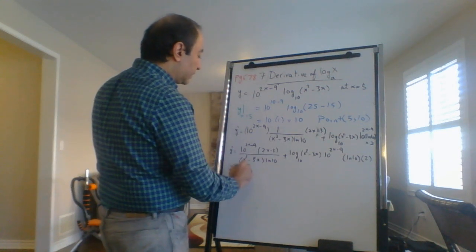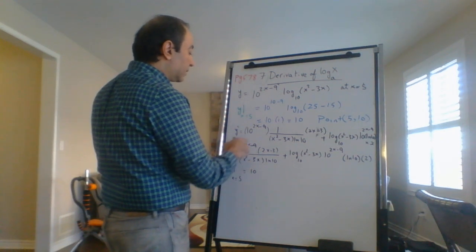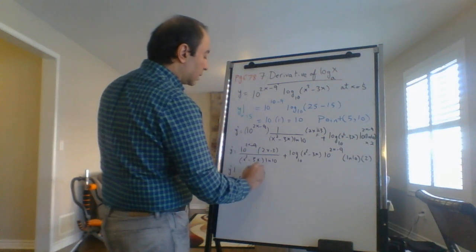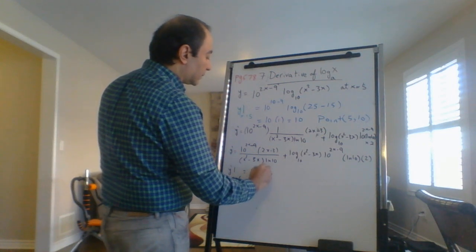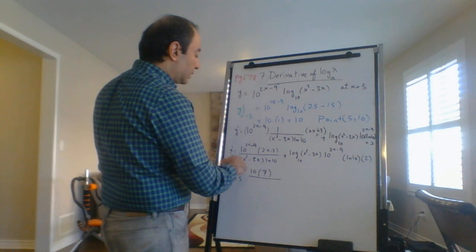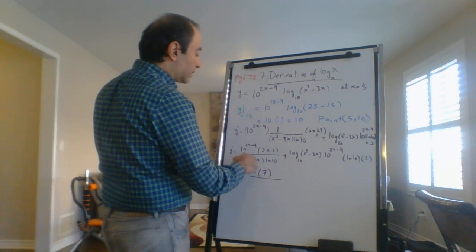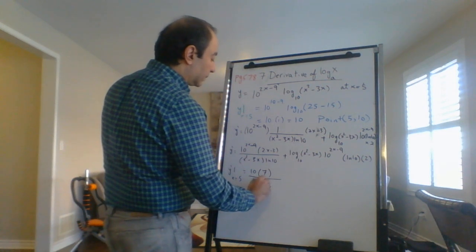So that will be 10 to the power of 2 times 5, which is 10, minus 9 is 1, times 2 times 5, which is 10, minus 3 is 7, over x squared is 25 minus 3 times 5, which is 15. So 25 minus 15 is 10, ln 10.